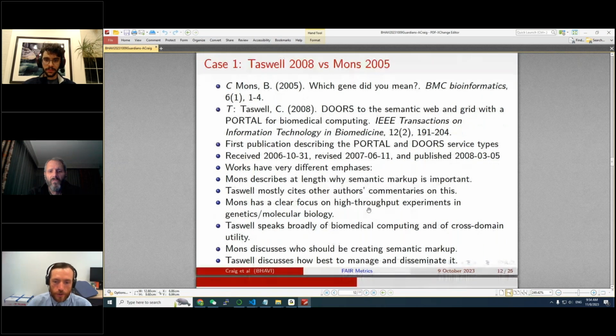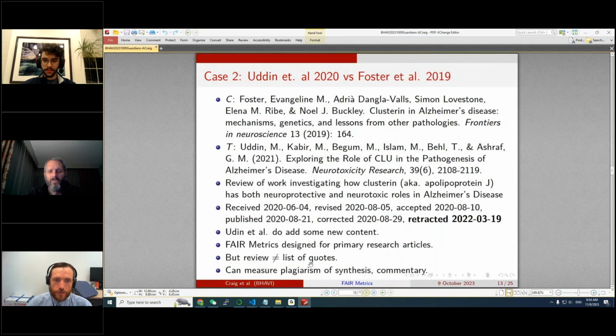Right, so getting on to the actual plagiarism cases, there's Udin et al., which plagiarized from Foster et al. Now, here there's very obvious overlap in what's being discussed. They're both literature reviews about the role of clusterin in Alzheimer's disease.